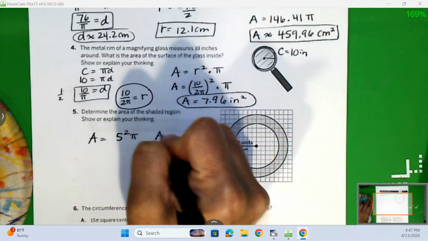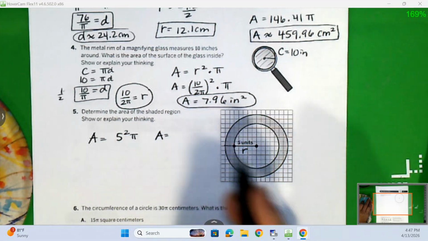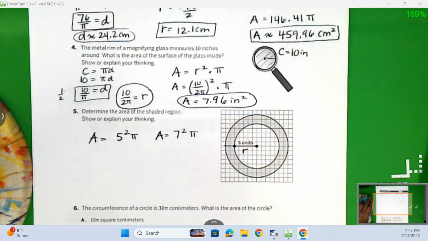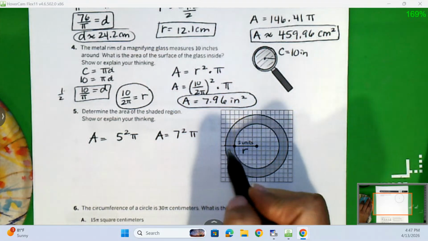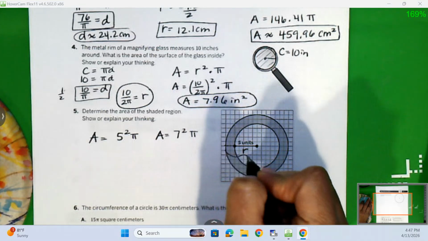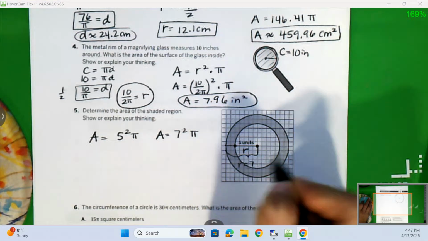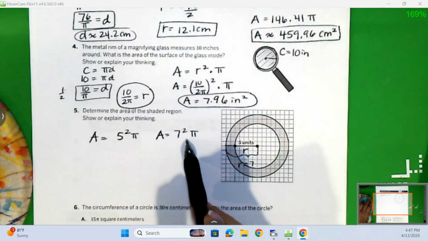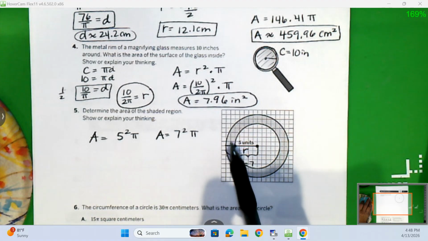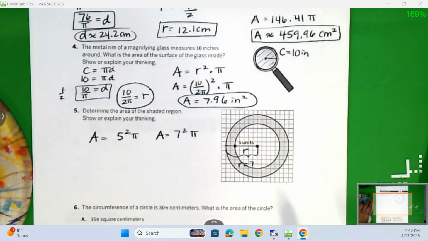And the area of the larger circle is going to be 7 squared pi. And then we have to take the difference. Obviously, the larger circle, the one that has this radius here, r is 7, you're going to have to take that and subtract the smaller area here so that we can get just the area in between those 2 circles.